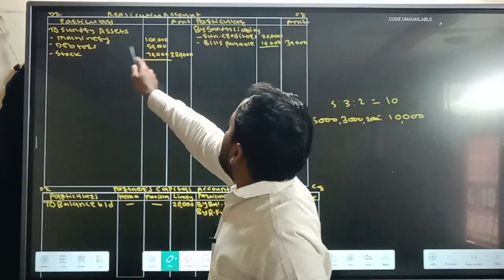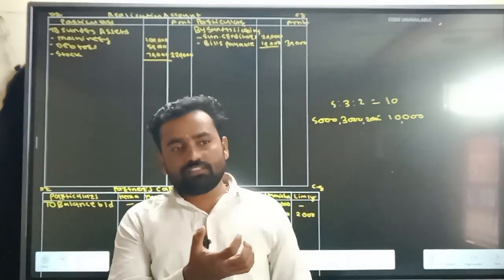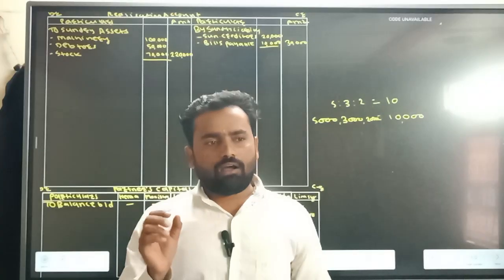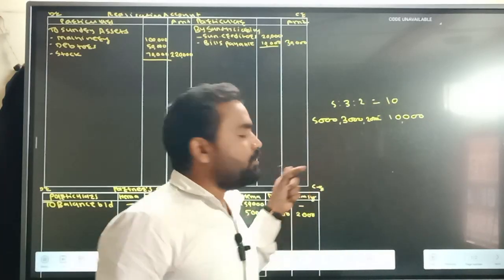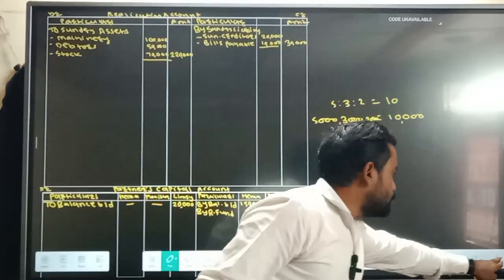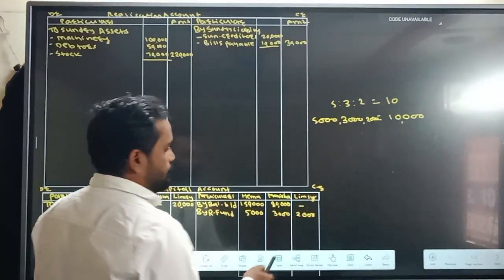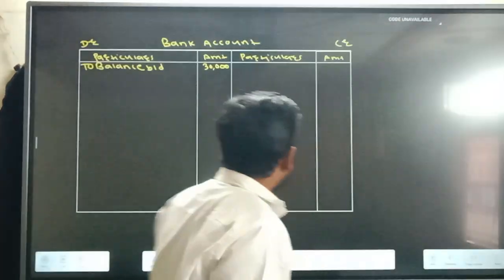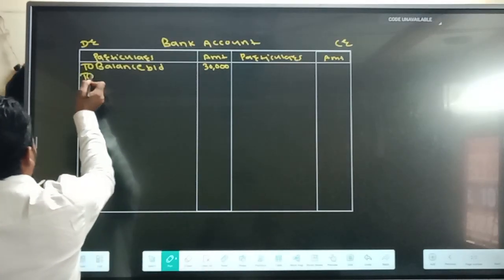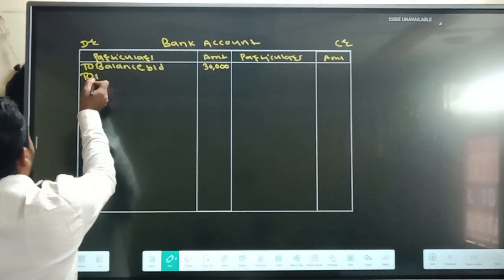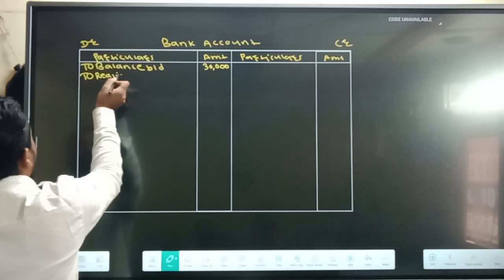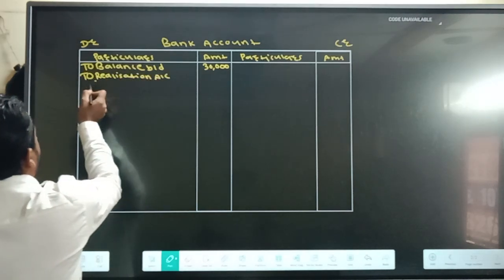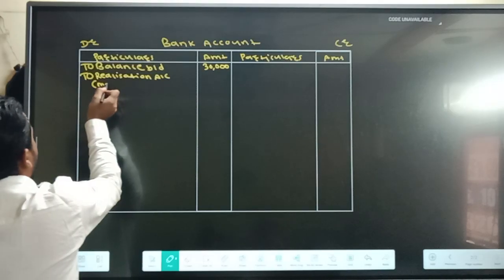Machinery's amount is 1 lakh and 60,000 comes from this machinery. Machinery sold and amount comes in, so bank account will be debited. So the first effect is debit side to bank account, and the second effect is realization account credit side. So write down to realization account, in bracket, machinery realized.